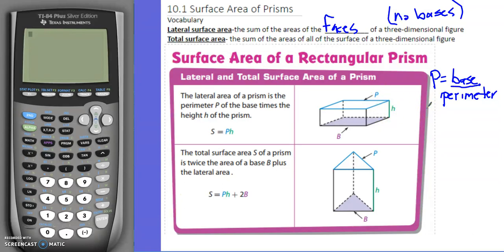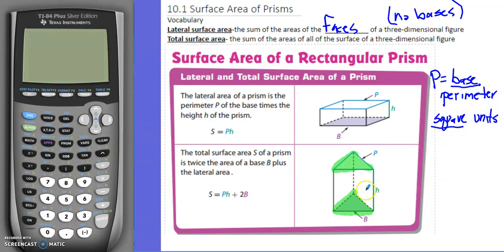Okay, now you need to make sure that when we're dealing with surface area, all surface area is in square units, meaning it must be feet squared, miles squared, kilometers squared. In this particular example, we're dealing with a triangular prism. So the bases are the triangles.